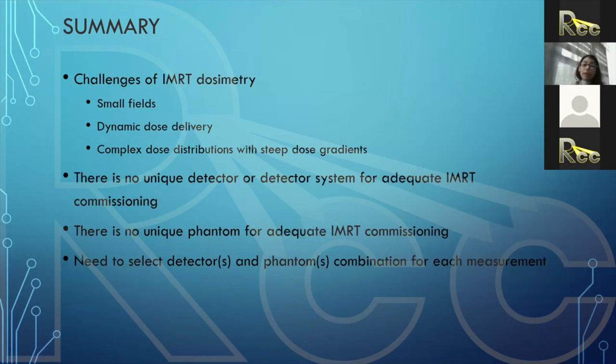In my experience using film, more than 7 years ago, sometimes you would get a very nicely passing film, with your distance to agreement gamma at the 3%, 3 millimeters criterion, but you wouldn't pass your absolute dose measurement, because you were putting your ion chamber in a very high dose gradient.